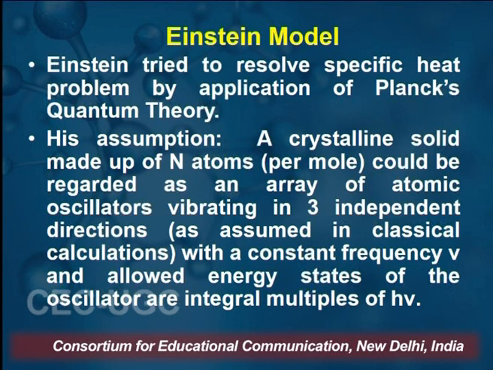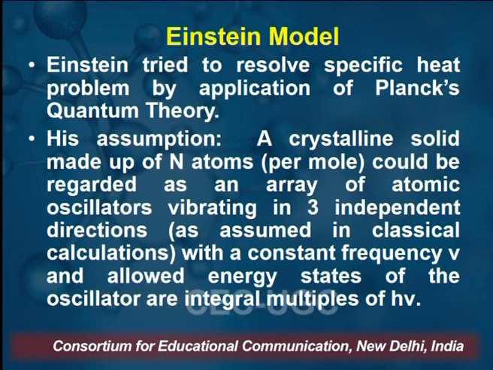If these are Planck's oscillators vibrating with a frequency nu, then the energy of these oscillators, as we know, will be integral multiples of h nu. They cannot have arbitrary values.